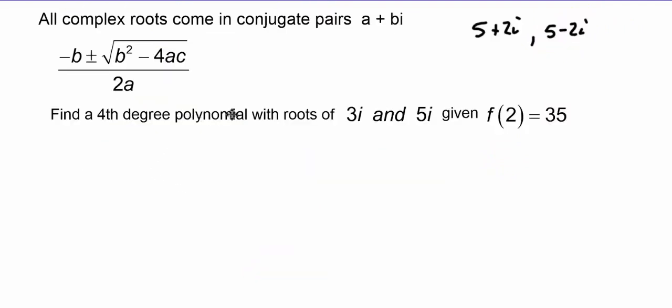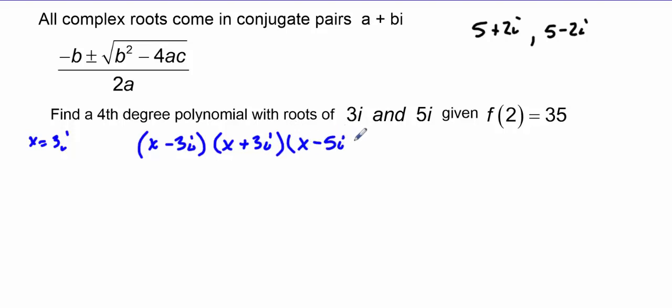So in the case of the problem below, we've got a situation where we have two complex roots, and in this case, if I work backwards once again, so if I had x equals 3i, then my factor would be x minus 3i. Its conjugate root would be negative 3i, which means I would have another factor of x plus 3i. Likewise, for the 5i, x minus 5i, x plus 5i.